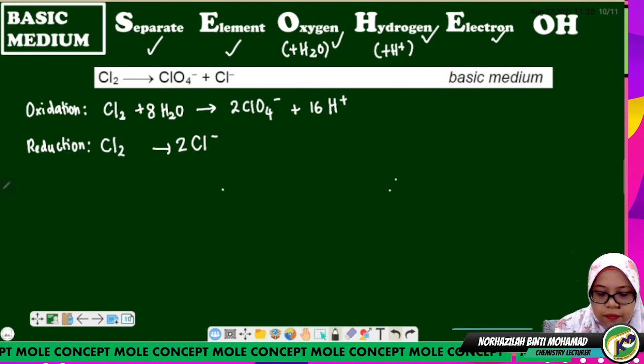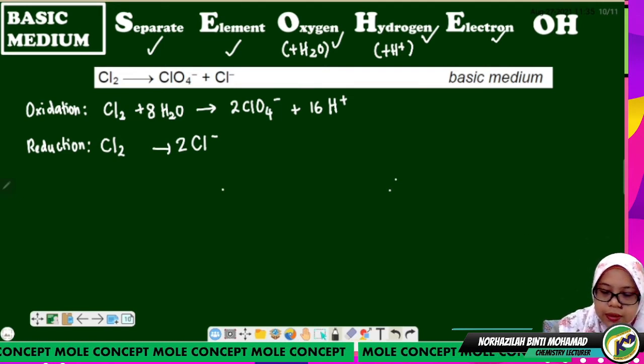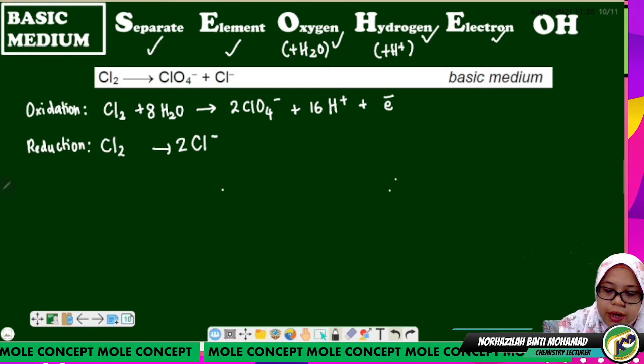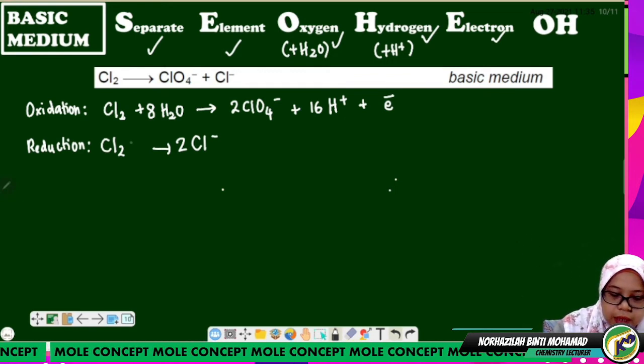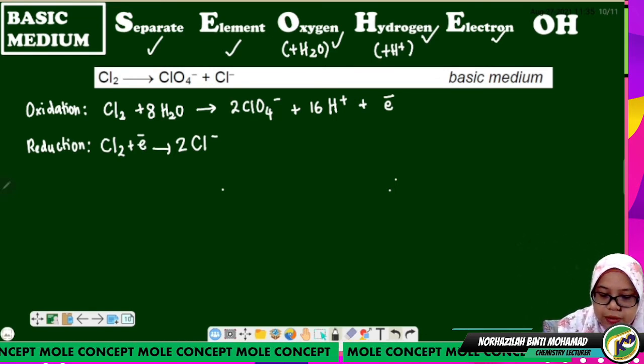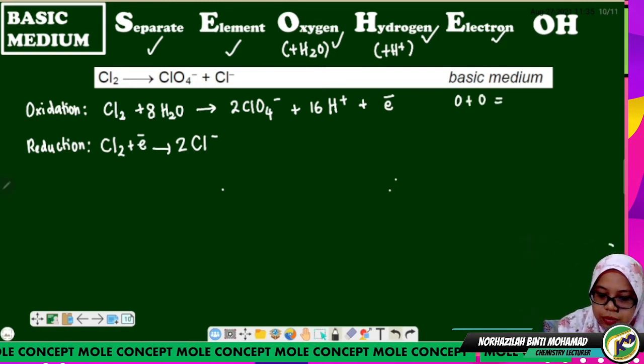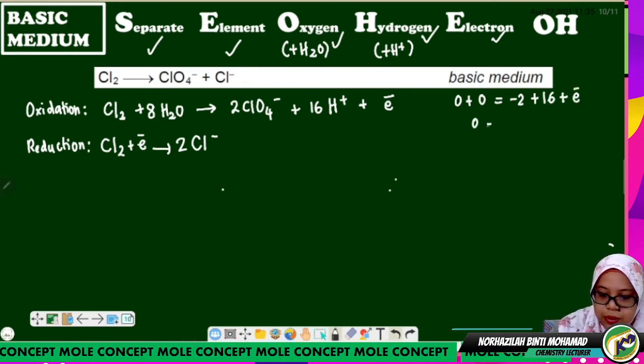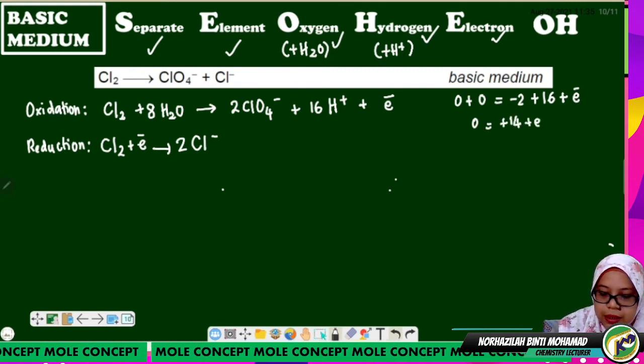Okay, and then the electron. For the oxidation, the electrons are on the right side, and for reduction, the electron is on the left side. So we determine the number of electrons being added. For Cl it is 0 plus H2O is also 0, equals to negative 2 for 2ClO4 minus plus 16 plus electron. So 0 equals to 16 minus 14 plus electron.